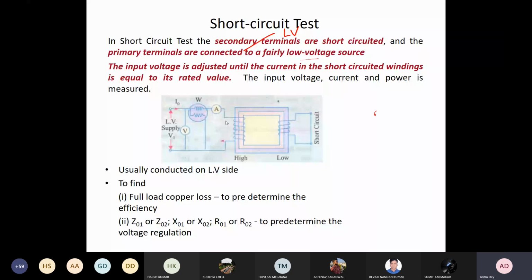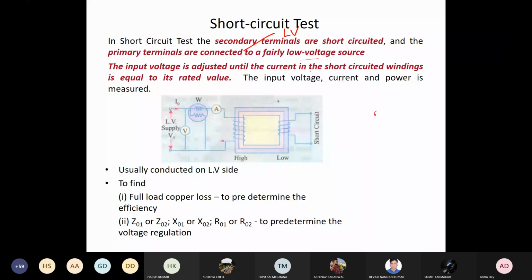So why do we carry it out on the HV side? Because for a fixed kVA transformer, if you do it on the HV side, only a little voltage needs to be applied so that the rated current flows through the secondary. So that is why we do it on the high voltage side. The input voltage is adjusted until the current in the short circuited winding equals the rated value.